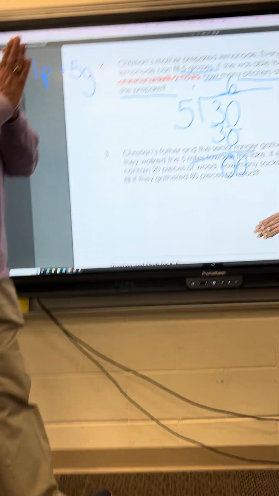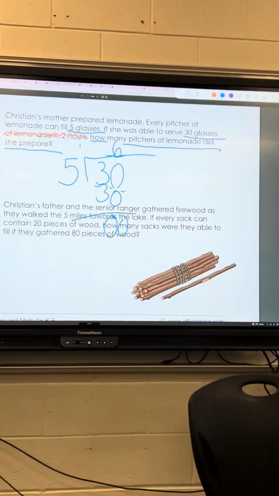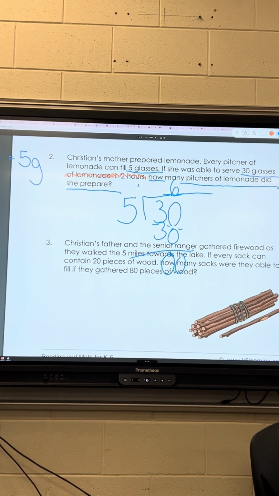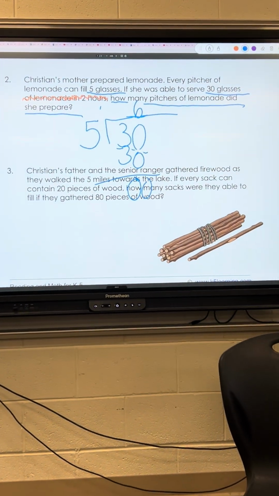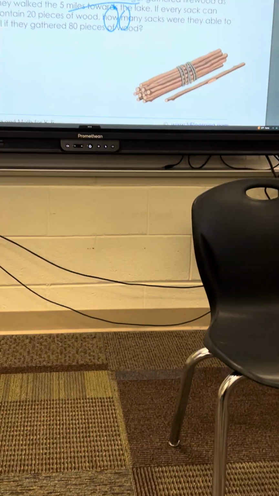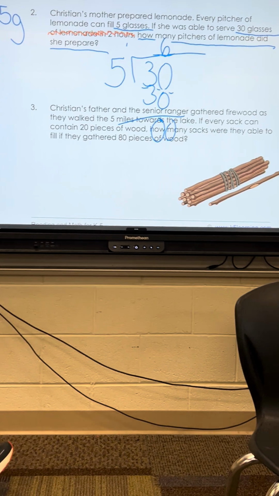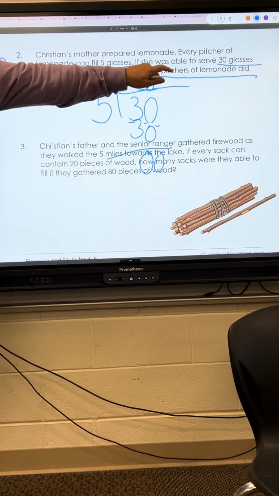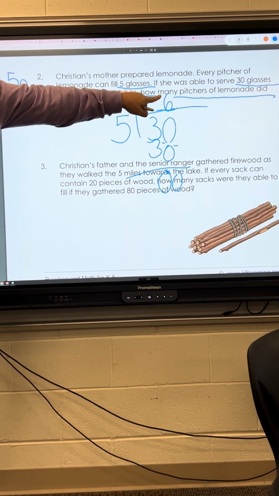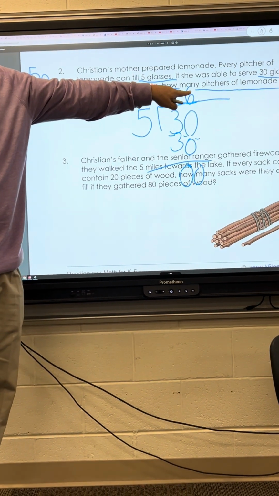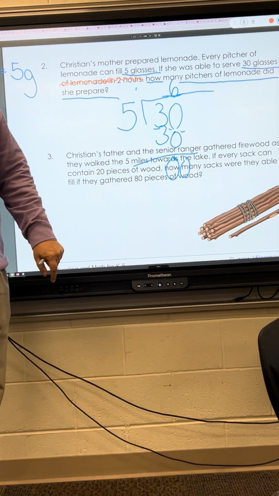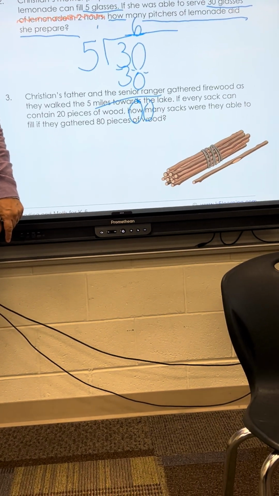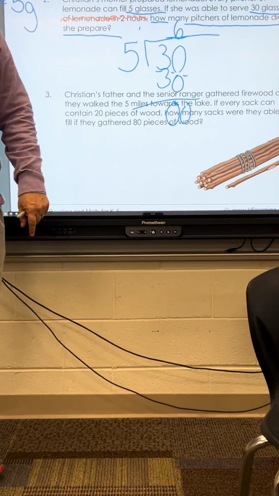Alright, we're not done. What has to happen? I see a hand half up. Oh, all the way up. Go ahead. Oh, you have your quotient. So now you gotta check and make sure that's right. What we gotta do?